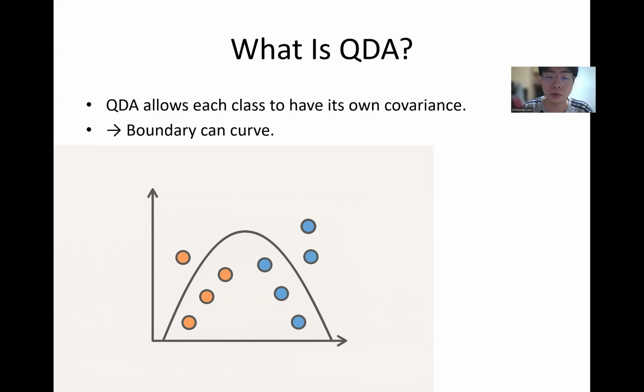QDA can fit more complex patterns, but it also has to estimate more parameters, so it needs more data to perform well. So in different situations, we may use different models; it depends on your data set. In short, LDA is simpler and stable. QDA is flexible, but it needs more data.